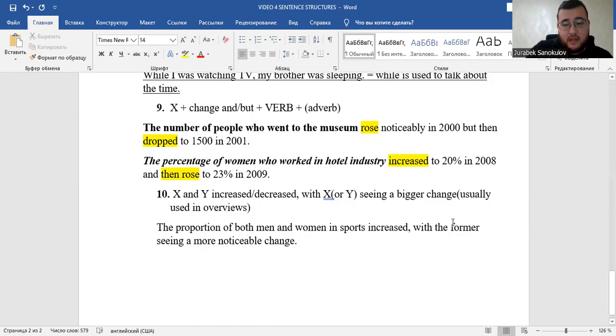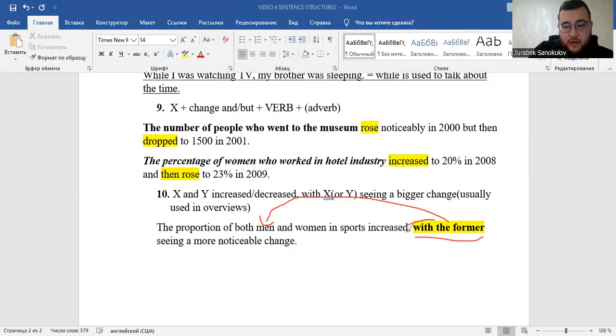That's how you will do it. So now let me explain what the word former means, and then I can talk about this sentence structure more. So here, former means the first one, basically refers to men in this sentence.